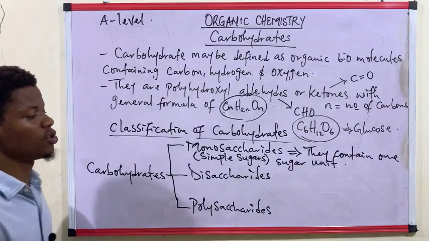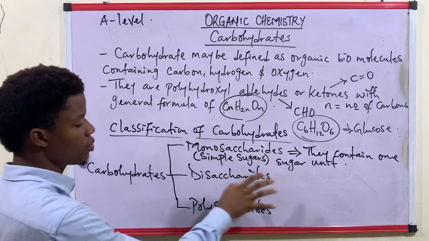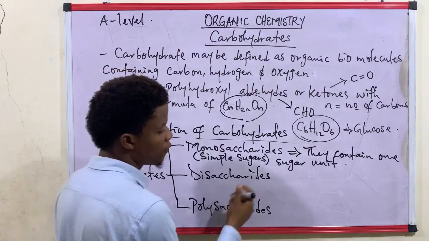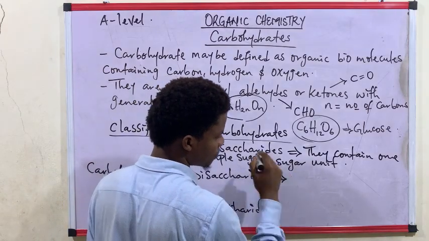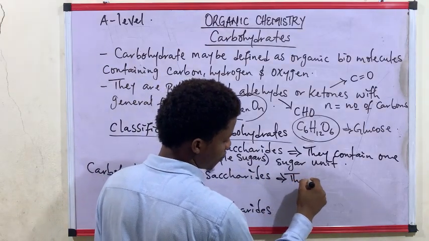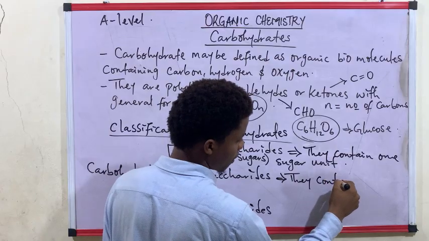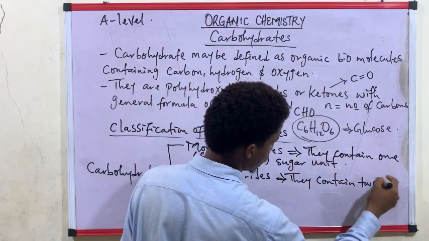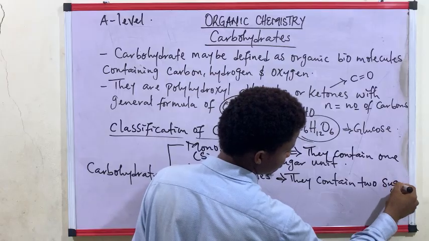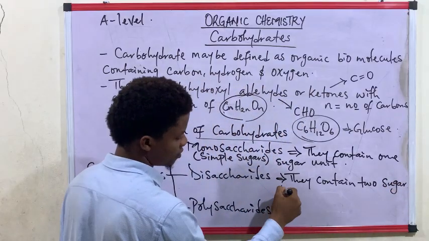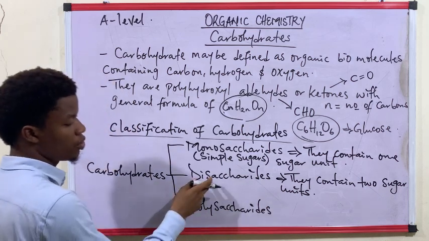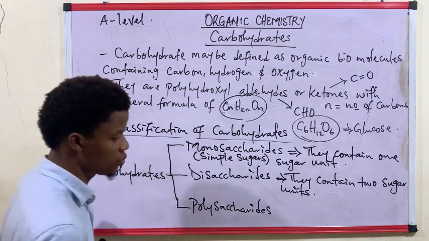Now, this is not all for monosaccharides. We are going to expand on this, but before we do, let's just run through these others. Then for disaccharides, they contain 2 sugar units. We are also going to expand on these a little.